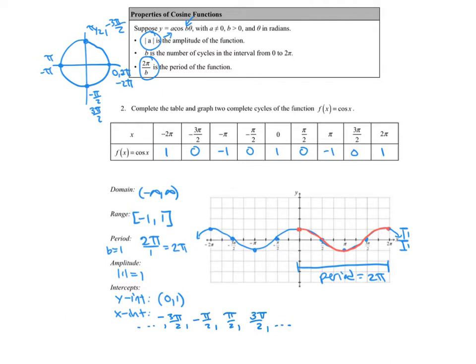So the distance between each x-intercept is 1 whole pi. So we could express these x-intercepts as pi over 2 plus pi k, where k is any integer.